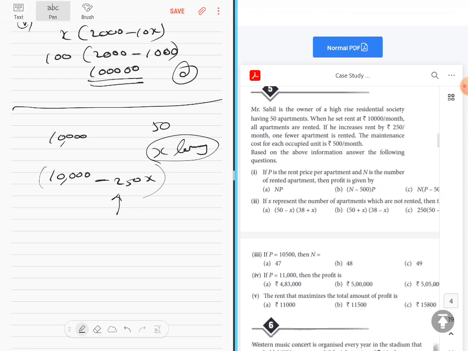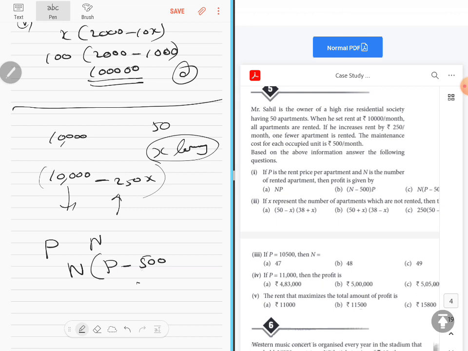The question is, if P is the rent price per apartment, instead of 10,000 write P, and N is the number of rented apartments, then the profit is given by. If P is the rent per apartment and N is the number of apartments, it's number of apartments into rent minus 500, because for every apartment the owner has to pay the maintenance of 500.